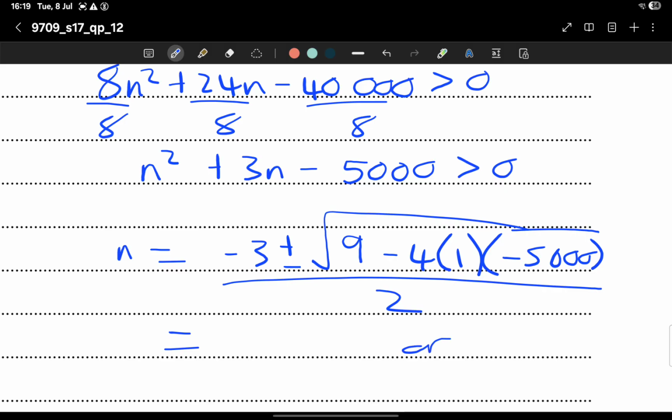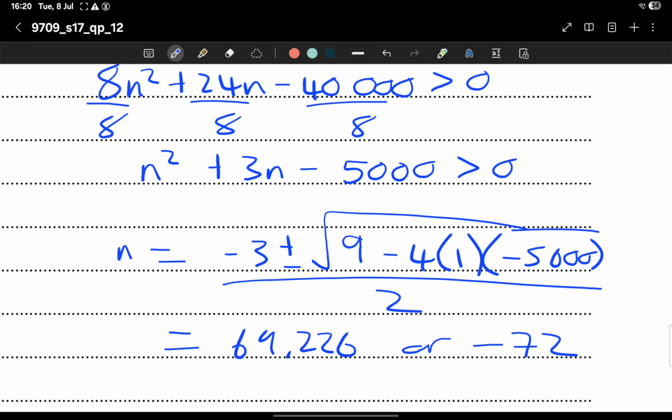Let me just punch this in my calculator. It's minus 3 plus root of 9 minus 4 times minus 5,000, over 2, gives me 69.226, or let me change this to a minus, gives me minus 72.